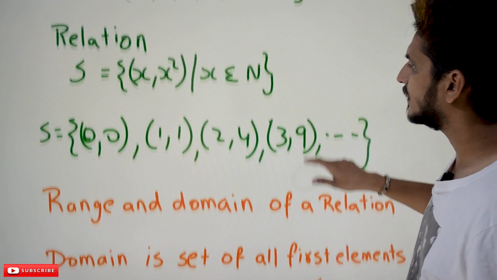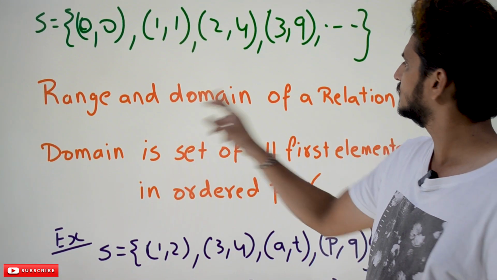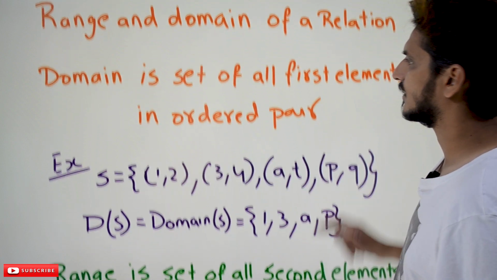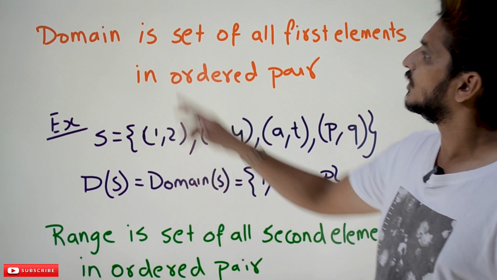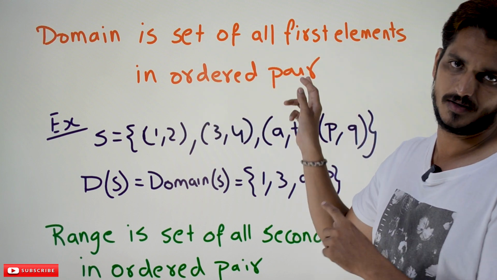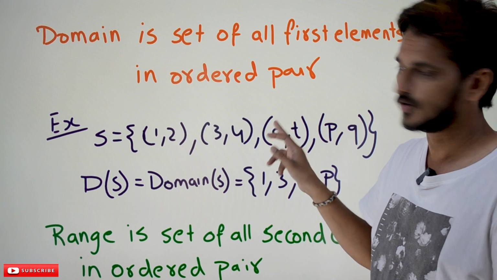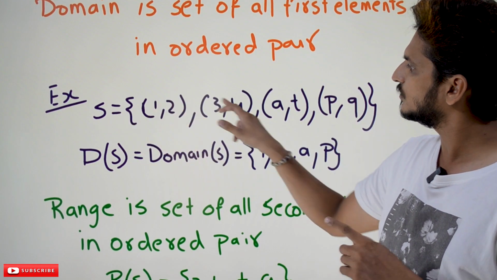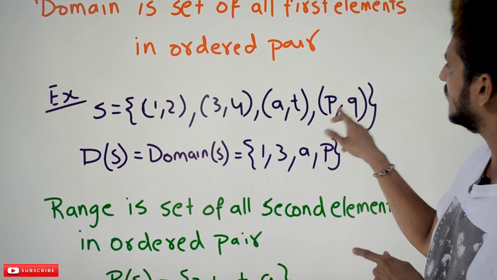Now the next concept, the domain and range of a relation. What do we call the domain, and what do we call the range of a relation? Domain is the set of all first elements in the ordered pairs. With an example you are going to understand it better. Let's take a relation S = {(1, 2), (3, 4), (A, T), (P, Q)}.